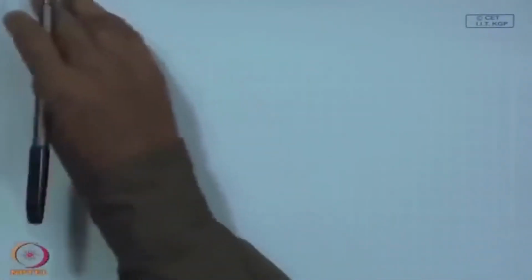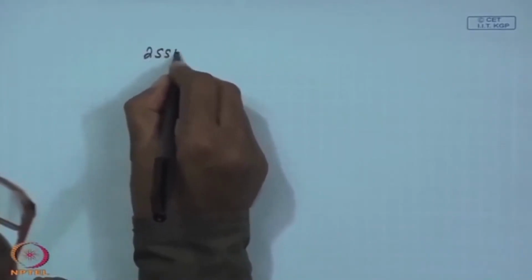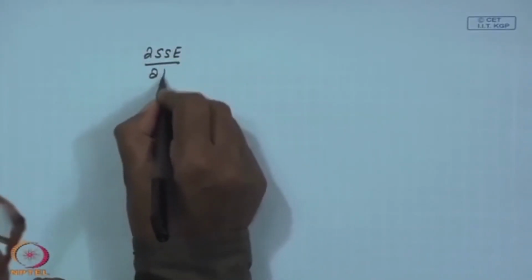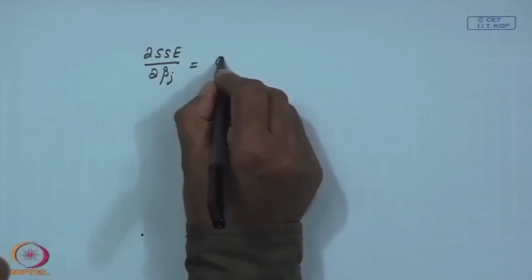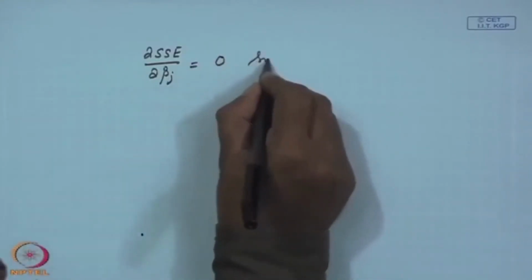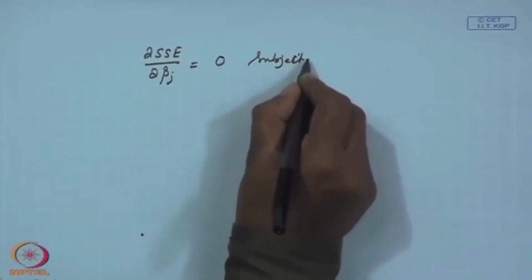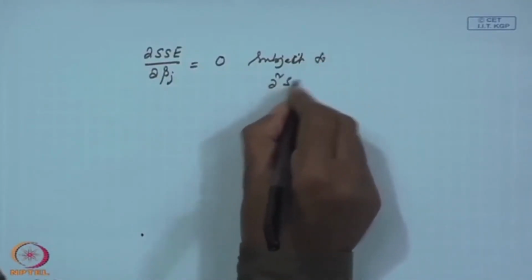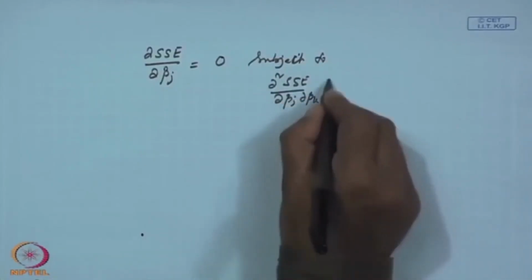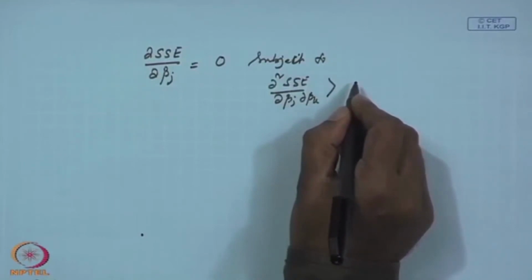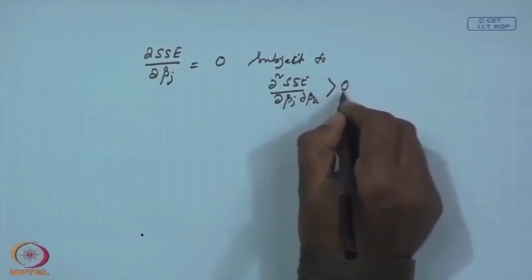We have to take the derivative of SSE with respect to beta j and put it equal to 0, subject to the second derivative, del square SSE by del beta j del beta k, being positive, because it is a minimum case.